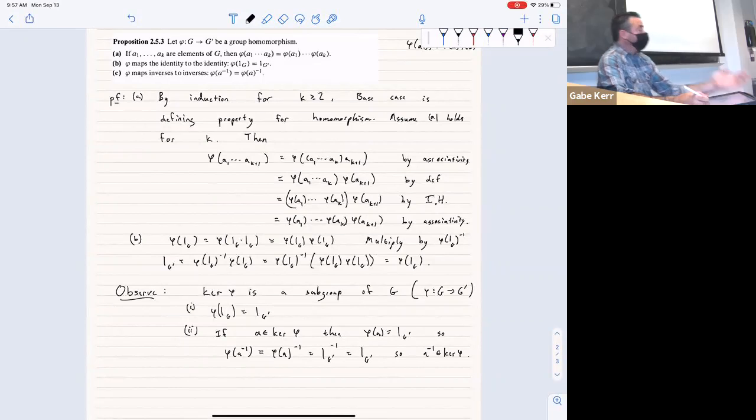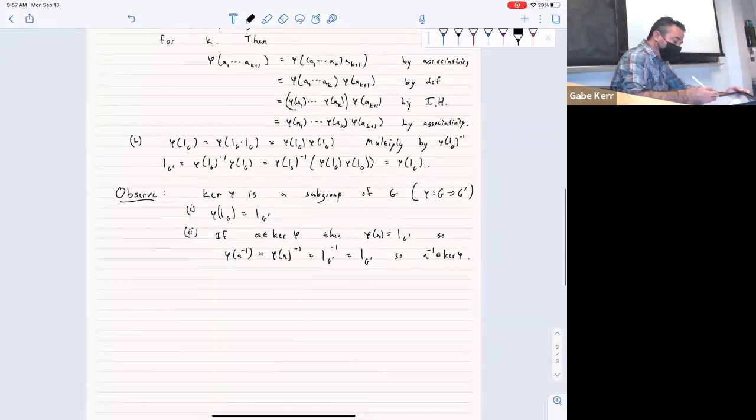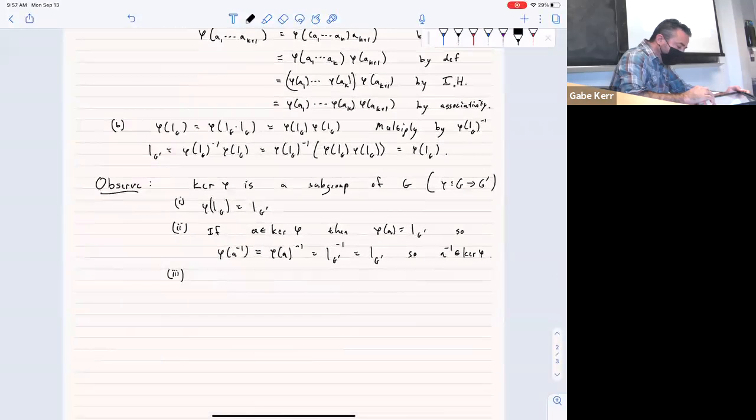And then finally, what's the third thing we need to show if we want to show that a subset is a subgroup? Closure: I take two elements in that set, I combine them, and it's still in that set. Let's see that. If I have two elements, A and B, in the kernel of phi, I take their product and put it into phi.